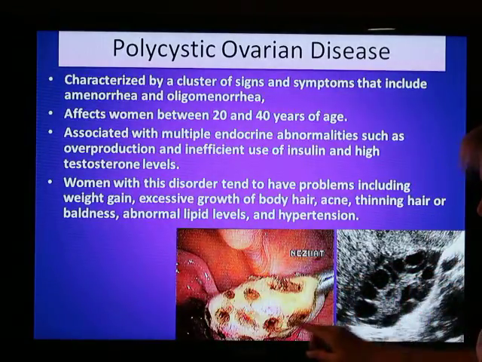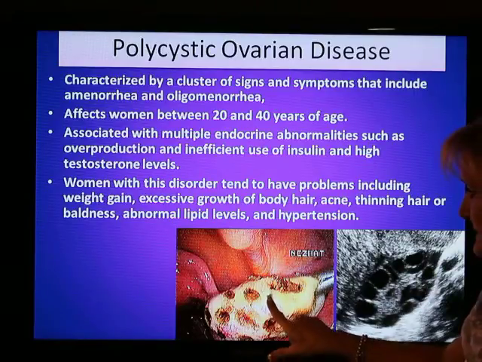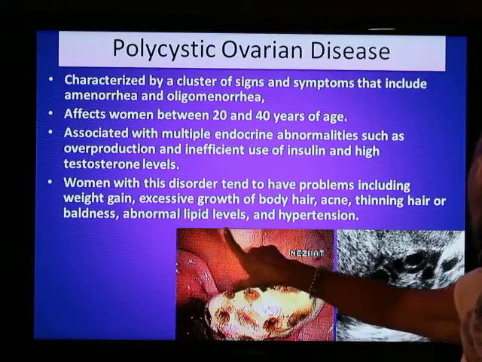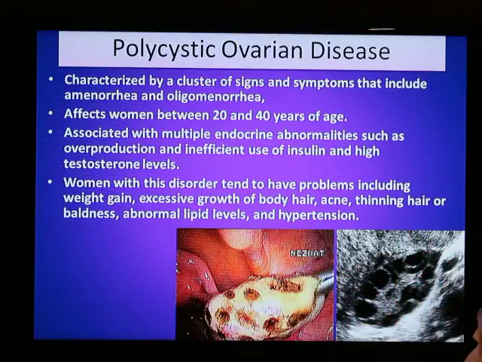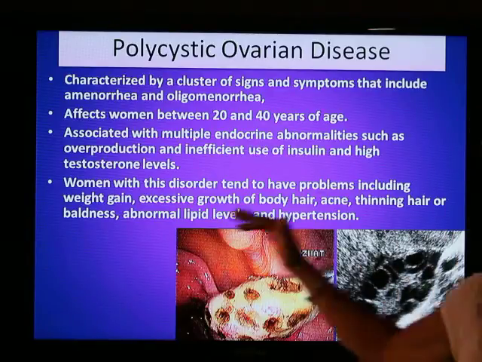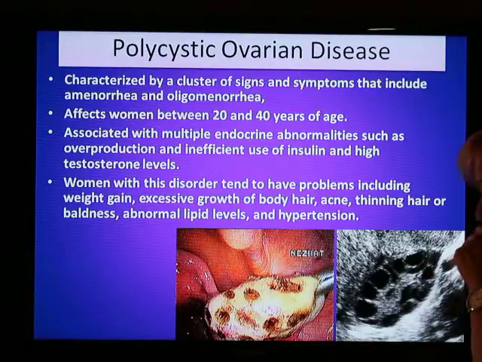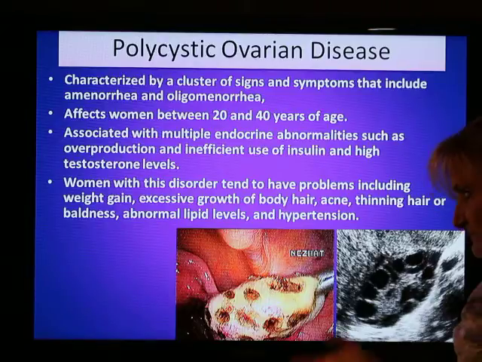And the problem is because every month a little egg pops out of the ovary and swims down the fallopian tube into the uterus, waiting to get fertilized. Well, when the ovary is totally full of a bunch of cysts, they tend to not release eggs.